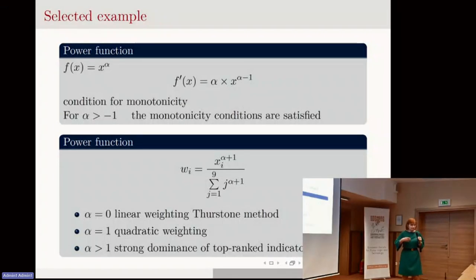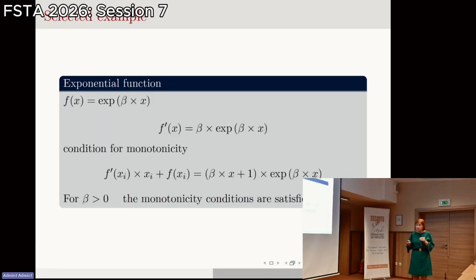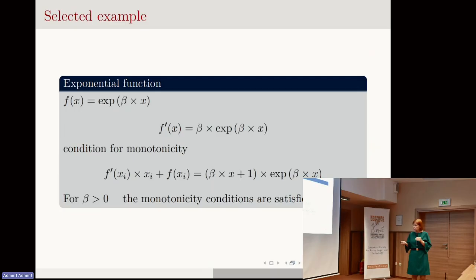So not only in this moment, because I have only some examples, but we cannot say which function is bad or good, but which function is appropriate for some special case and comparison of indicators.